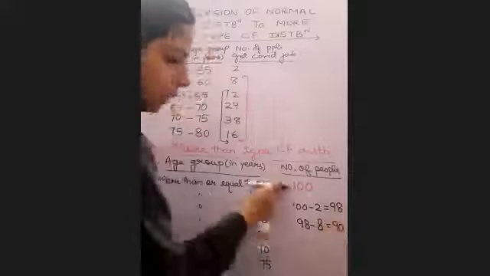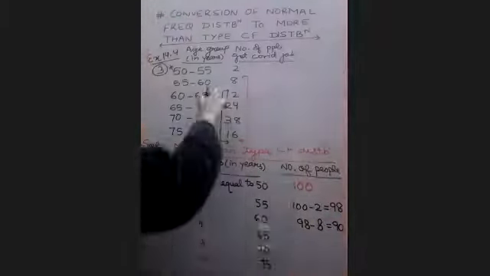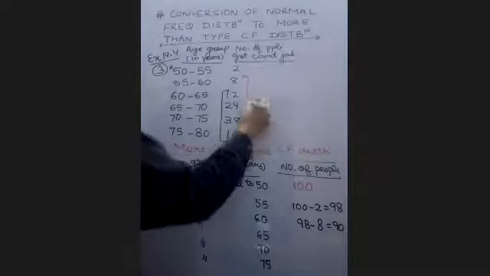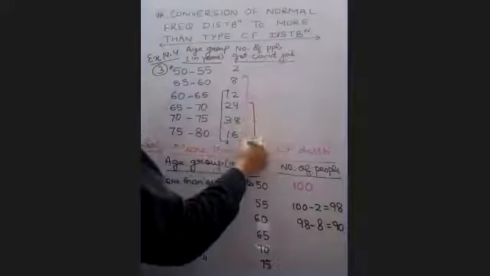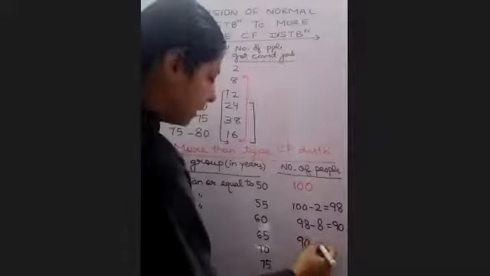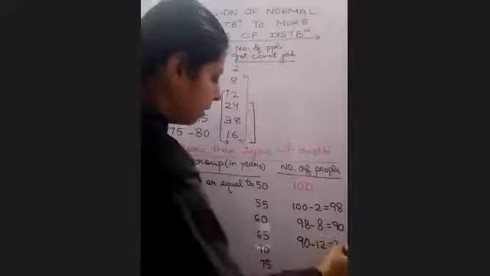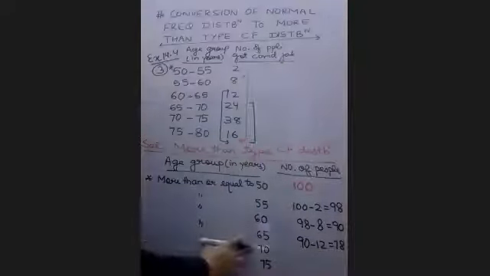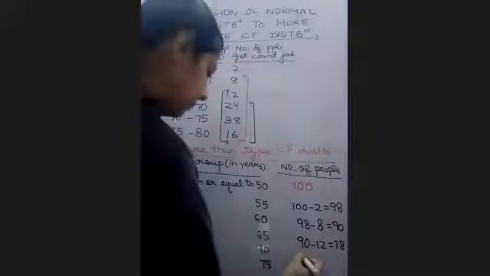See beta, either you can subtract like this or you can add the remaining, whichever way you are comfortable. Now more than or equal to 65: 78. So you may again say 90 minus 12, which is 78, or you can add the remaining. More than or equal to 70: 54.